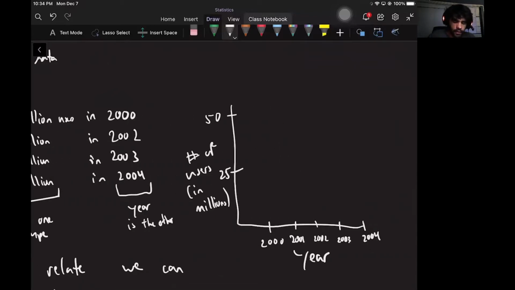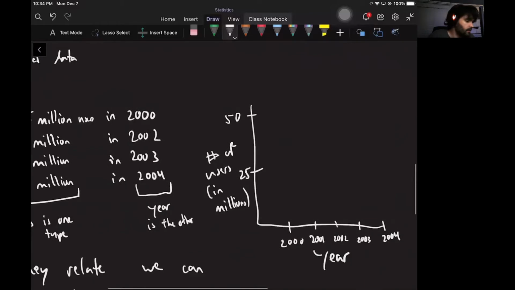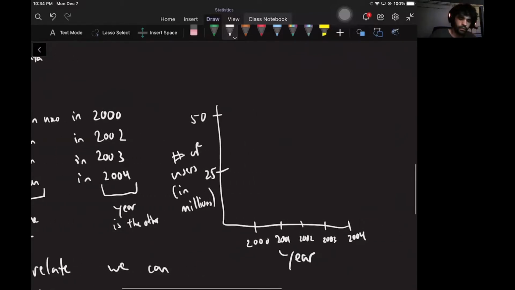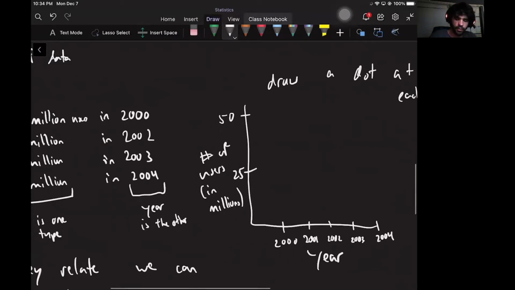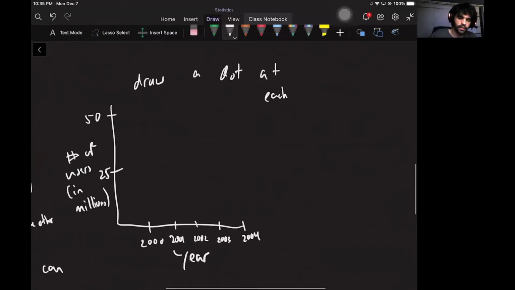Okay. So then I'm just going to draw a dot at each. What are my points on this graph going to be? They're going to be the year as the x-axis, so the year, comma, so that's the x-coordinate. The number of users is the y-coordinate.